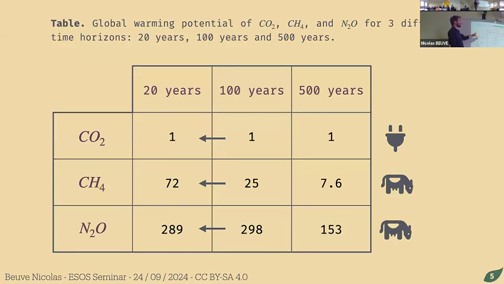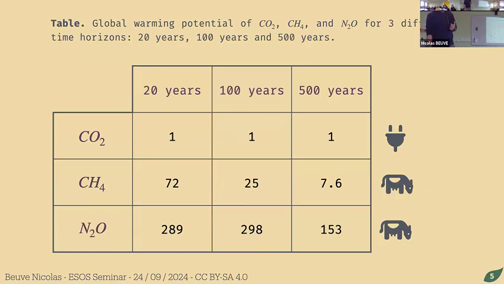The reason is that it is the reference, so always divided by itself, so it always gives 1. And consequently, you increase the impact of livestock, and by contrast, you decrease the impact of energy production, just by changing the time period you're computing your global warming potential value based on.